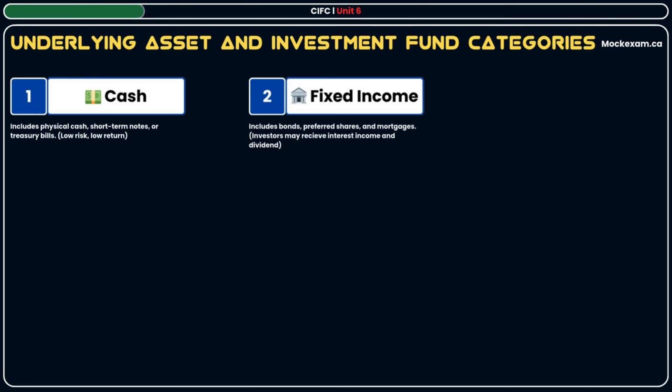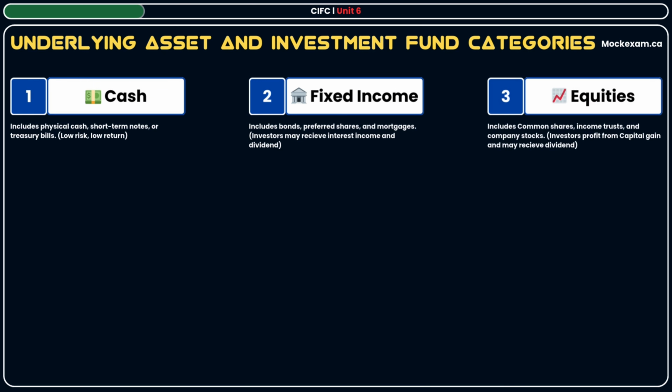The third type of underlying asset is equities. It includes common shares, income trusts, and company stocks. Investors profit from capital gain and may receive dividends when the mutual fund includes equities. Capital gain is the main thing here.